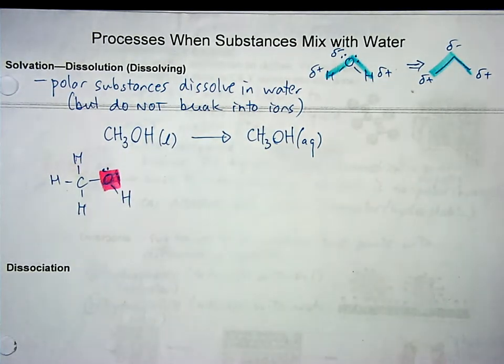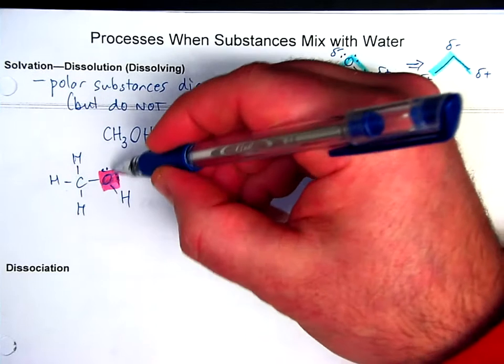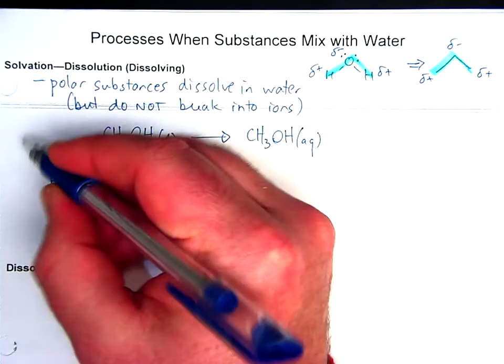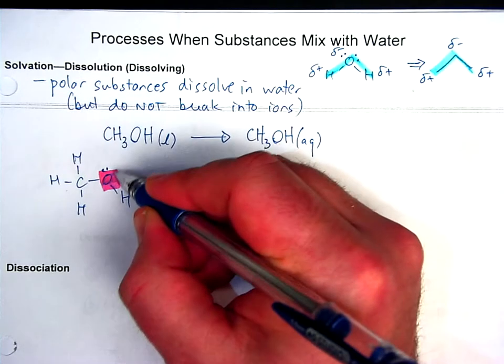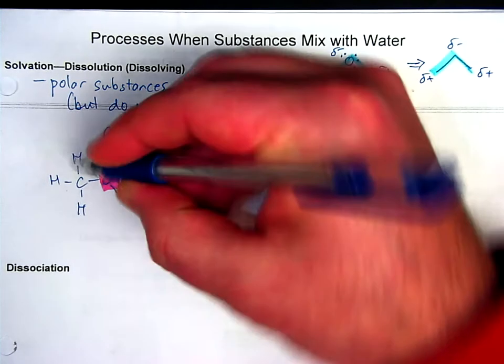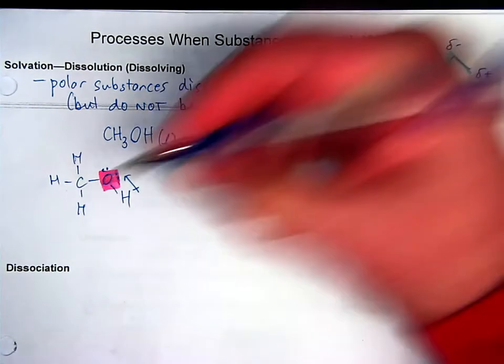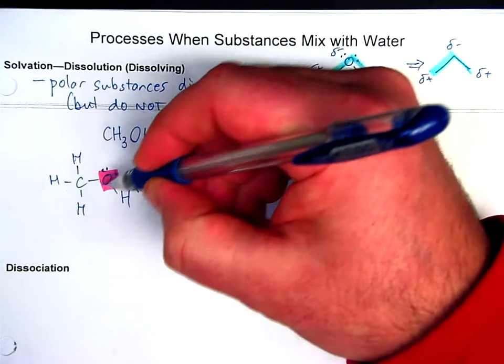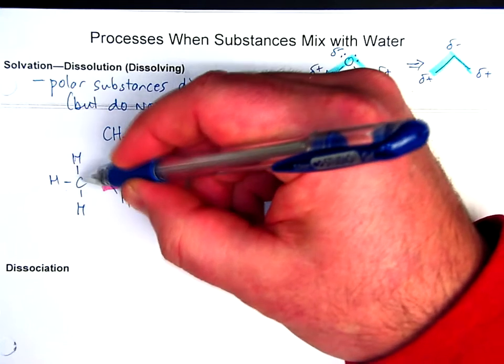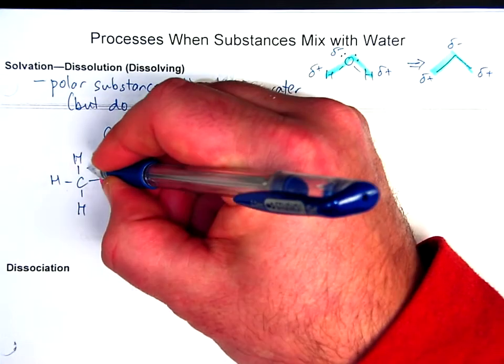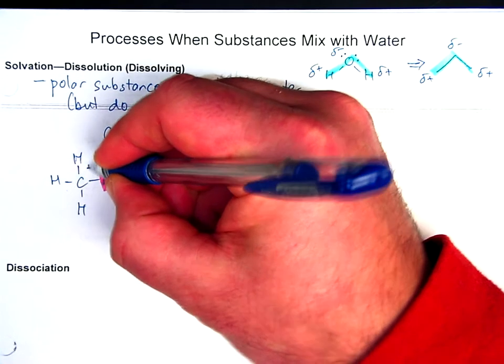Oxygen has an electronegativity of 3.5 and hydrogen 2.1, so there's a fairly large dipole formed between oxygen and hydrogen. And oxygen is 3.5, carbon's 2.5, so there's a difference of 1. So this is also a decent sized dipole here.